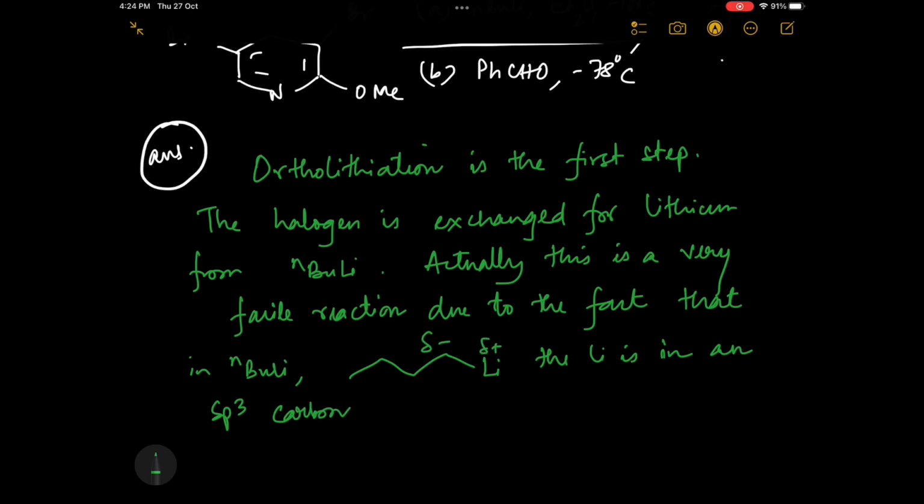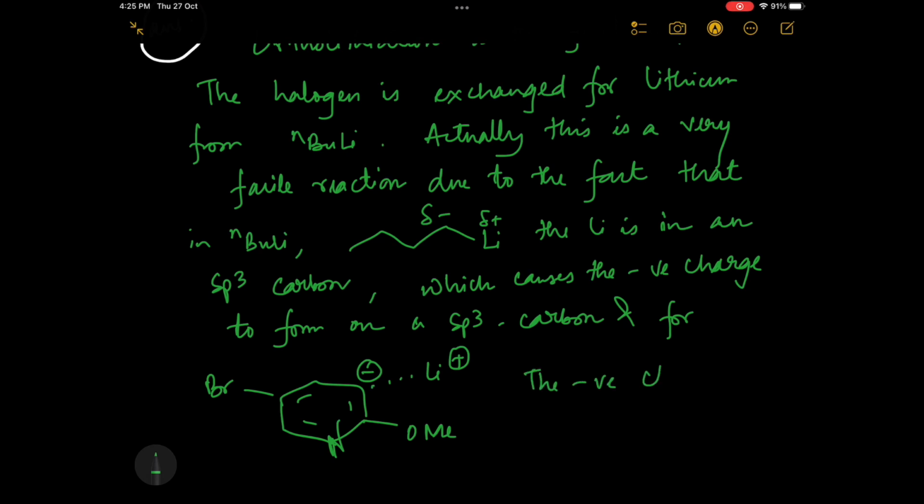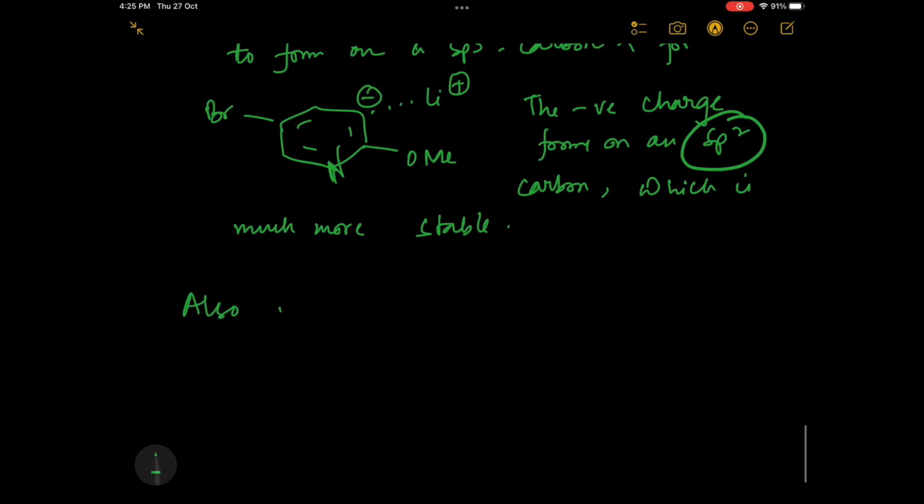Whereas in the benzene ring, the bromine is present on an sp2 carbon, so when the bromine is exchanged using the lithium, the negative charge is concentrated on an sp2 hybridized carbon, which is more stable than sp3, because sp3 has 25% s character and sp2 has 33.3% s character. Hence the negative charge on the sp2 hybridized carbon is much more stable, and hence it is a better reaction. So this lithiation is also favored in this case.